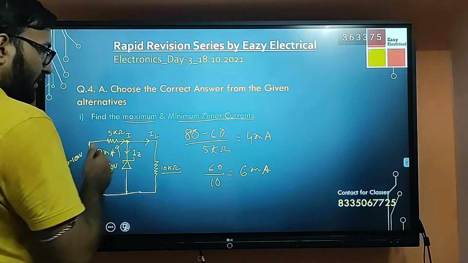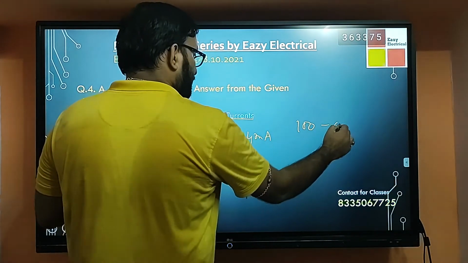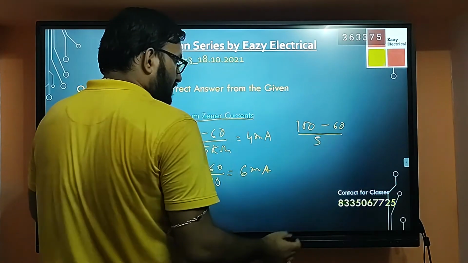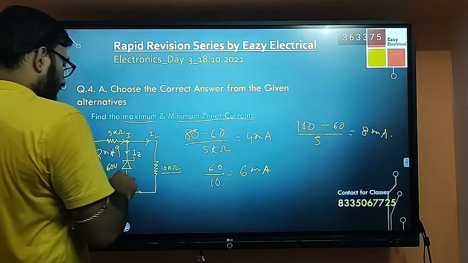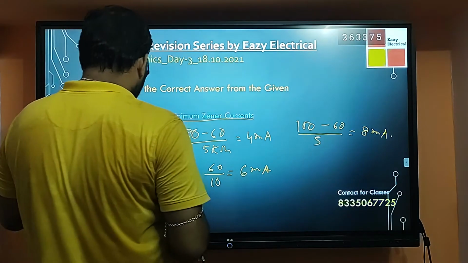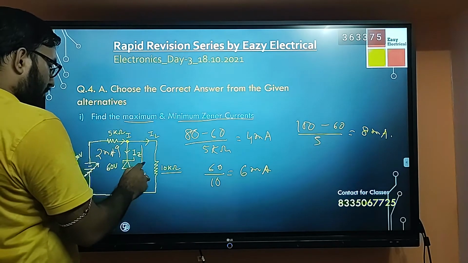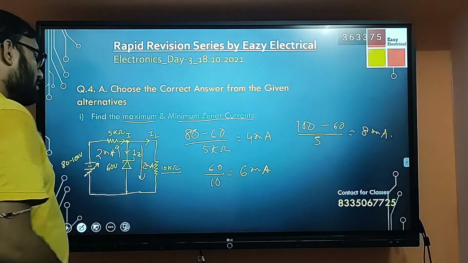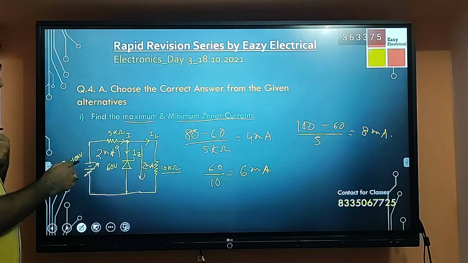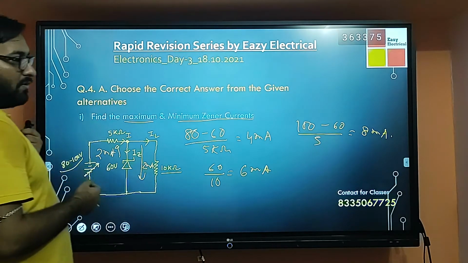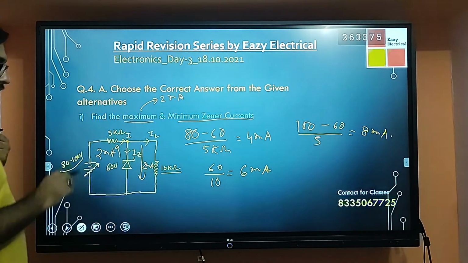If we take the 100 value, then 100 minus 60 divided by 5 kilo ohm, that means 40 by 5, this is 8 milliamperes, right? So this current will remain the same, and in this direction 2 milliampere will flow. So the maximum current that will flow for the 100 volt source in this problem is 2 milliampere, in this direction.